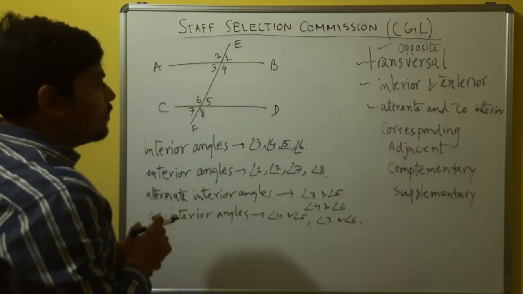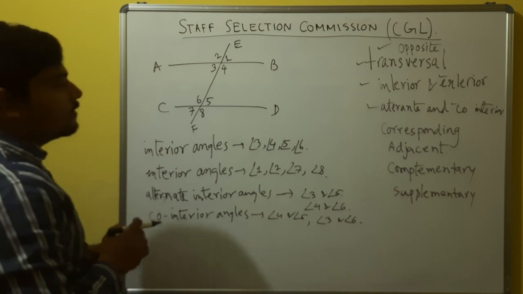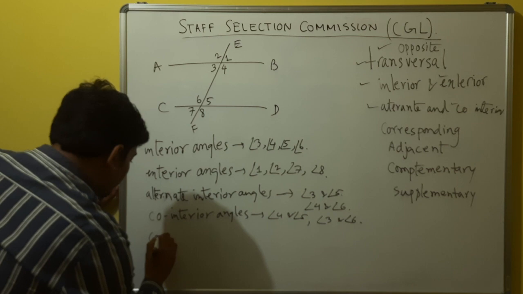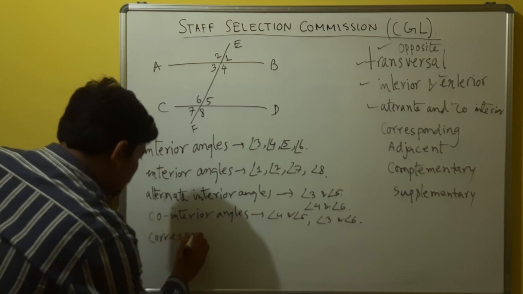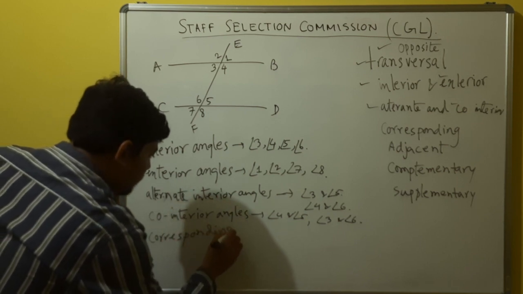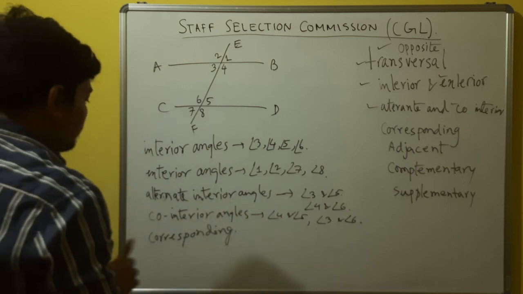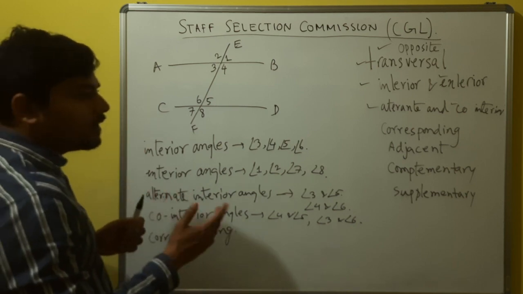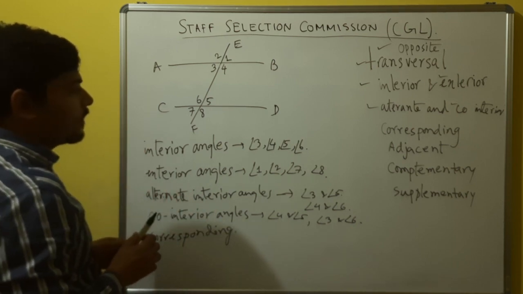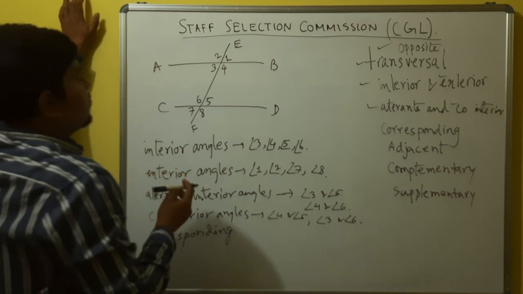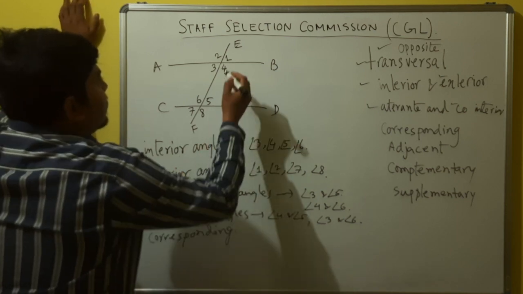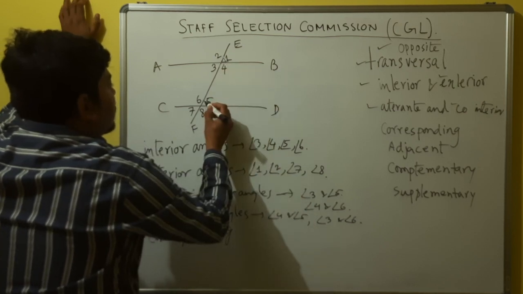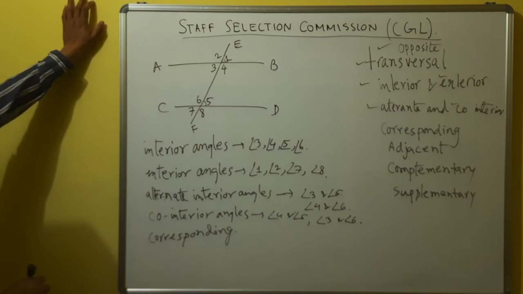Now coming to corresponding angles. Corresponding angles are not related to interior and exterior. Corresponding means which are similar. Like this angle, if you see here, 1, and here, 5.